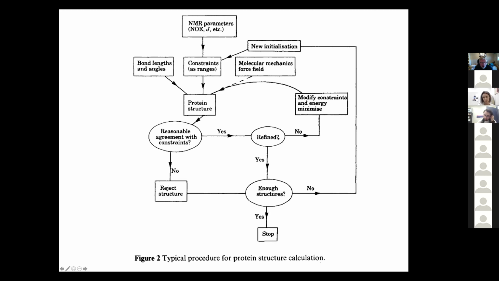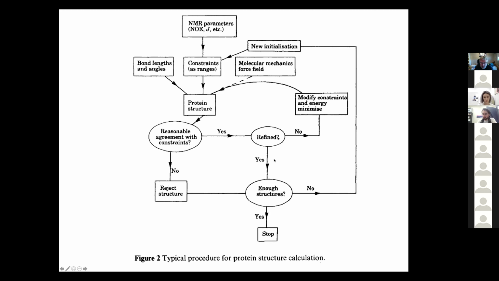You say, I'm actually quite pleased. I think this structure reasonably fits with my constraints. And then you have to decide if it's refined enough to deposit it in the PDB and publish the paper. But you can also go back and say, nah, I don't really like it. Maybe we can try a few other constraints. Maybe we can try another method of energy minimization before you decide that you really agree with the structure.